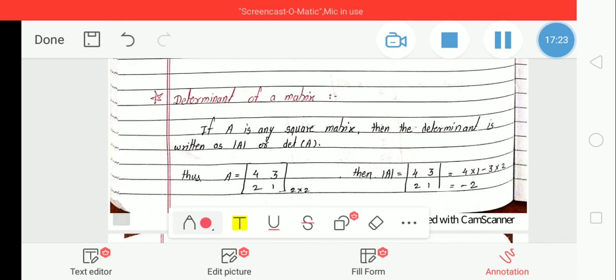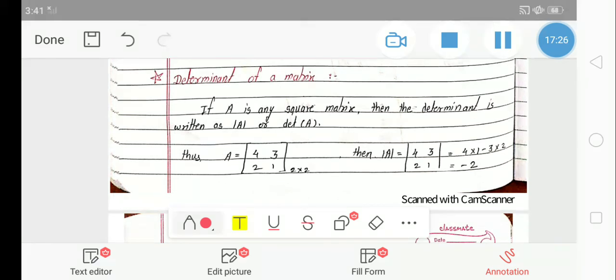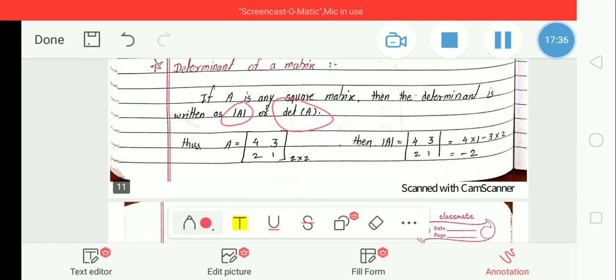Now the determinant of a matrix. If A is any square matrix, then the determinant is written as mod of A or determinant of A. In this determinant we want to find the value of mod of A. Given this matrix, we write it as a determinant, so mod of A, taking mod, not a square bracket.